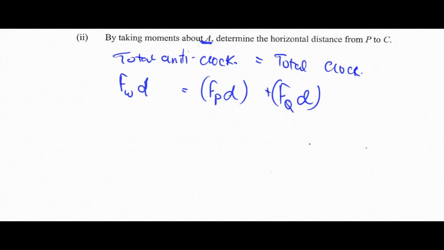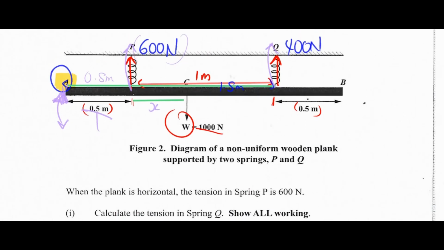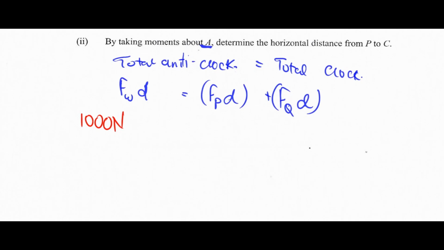So let's put in the figures. The weight is 1000 newtons, and it is 0.5 plus x meters away from that. We don't know x, so it's 0.5 plus some distance.